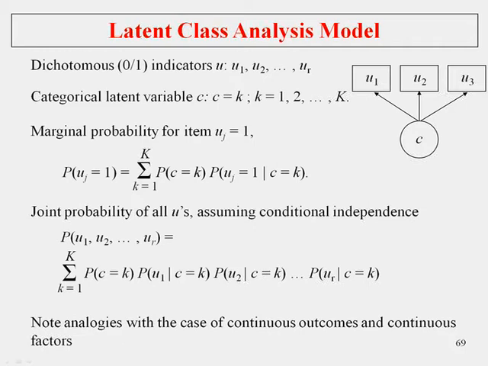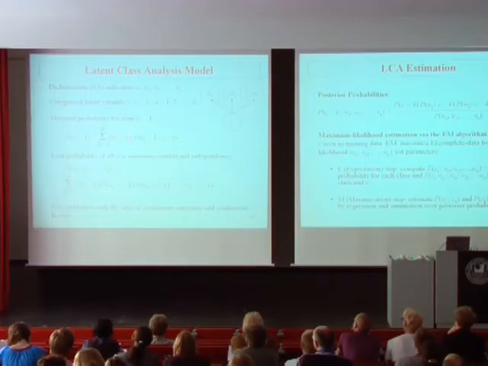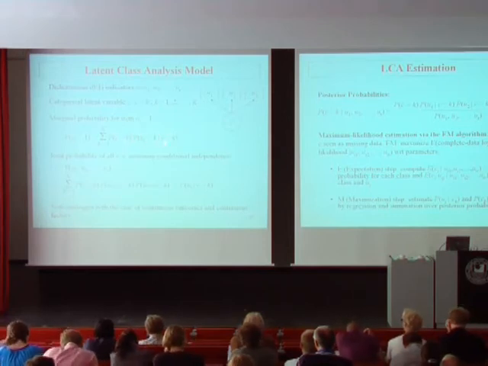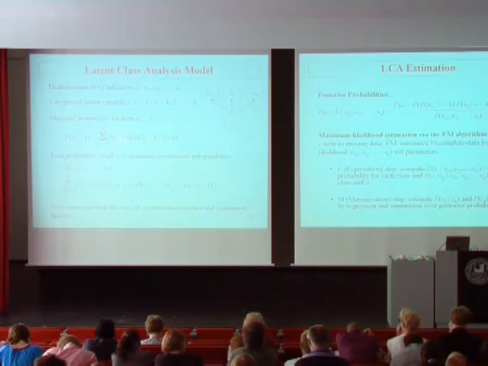And again, you can just think of this formula as having 2 parts. Probability of the class membership, the structural parameter, describing the people distribution, and then this part that I'm circling now, the conditional item probabilities, probability of endorsing the item, conditional on the class. So the measurement parameters appear here, and the structural parameter there.